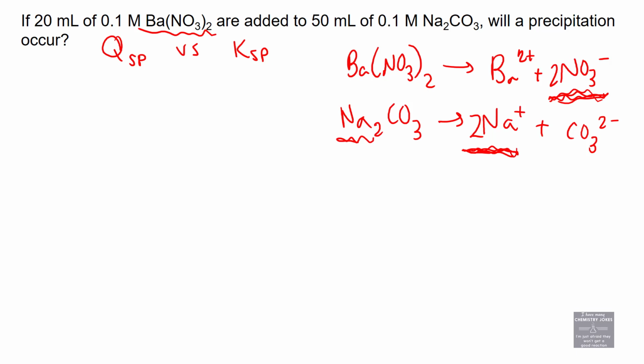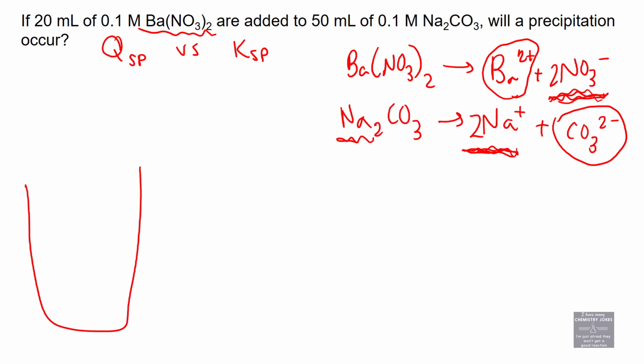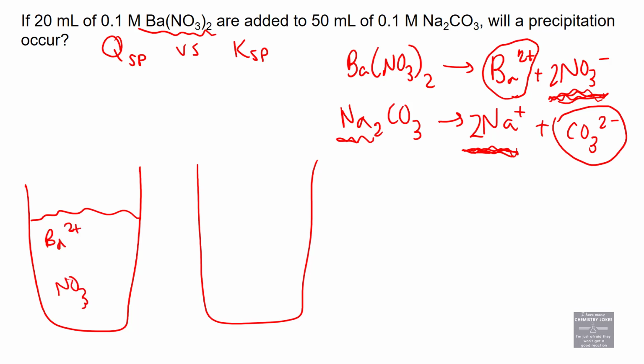So that actually leaves barium and carbonate in solution together to potentially hook up and make a precipitate. So we're going to have a solution of barium and nitrate, that's a 3, and we're going to add it to a solution of sodium and carbonate.